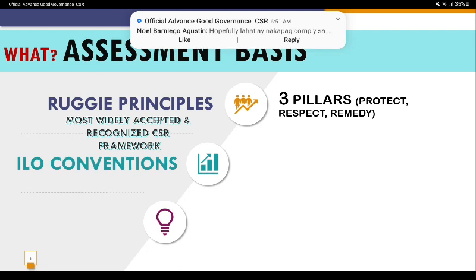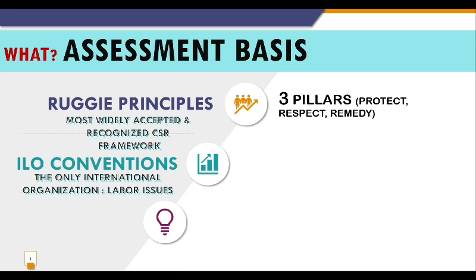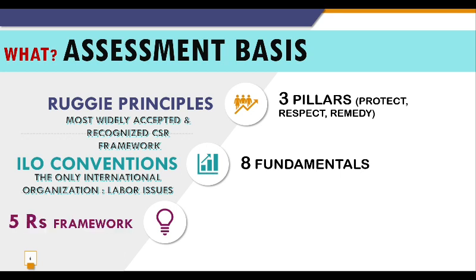Then the ILO convention, an organization which is the only one which focuses on labor issues in a comprehensive manner, focusing on the 8 fundamentals and the 5 R's framework, the key dimensions of the system. And let's go into the details of the discussion of the different bases.